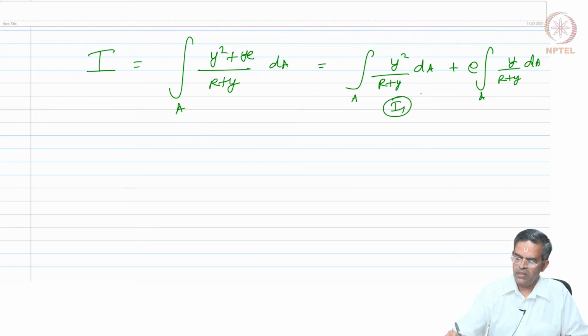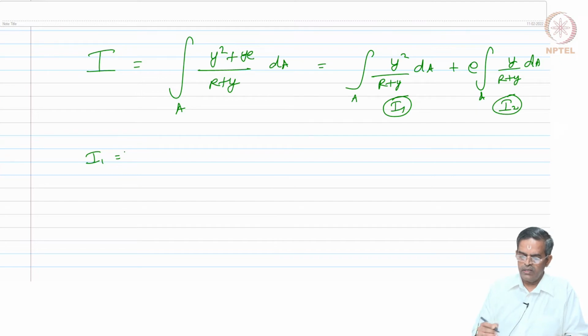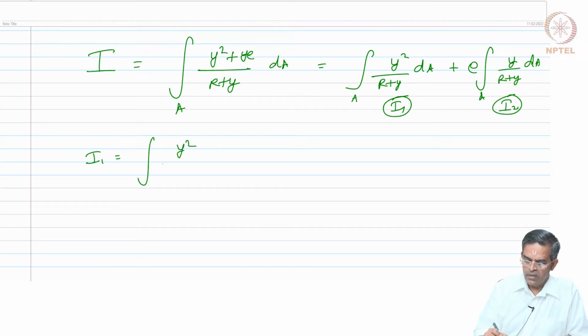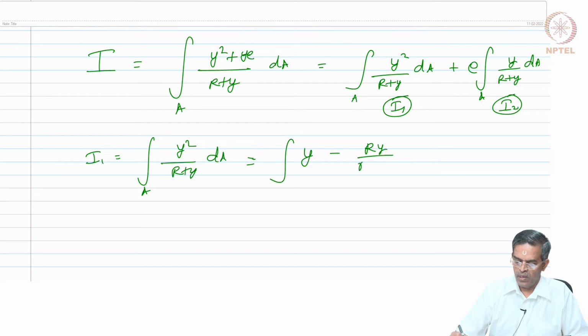We call this I1 and this I2. I1 can be rewritten as the integral of y minus ry by r plus y dA.